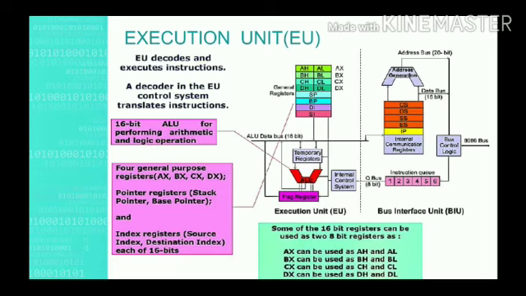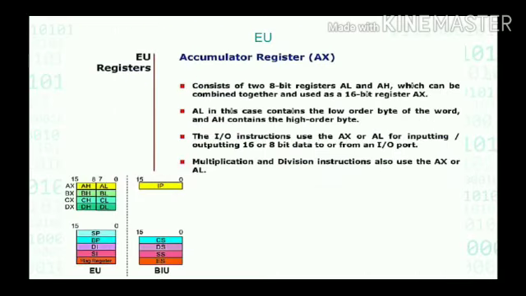ALU is a 16-bit unit performing arithmetic and logic operations like addition, multiplication, subtraction and division, OR and NOT operations. Accumulator register. It consists of two 8-bit registers AL and AH, which can be combined together and used as a 16-bit register AX.